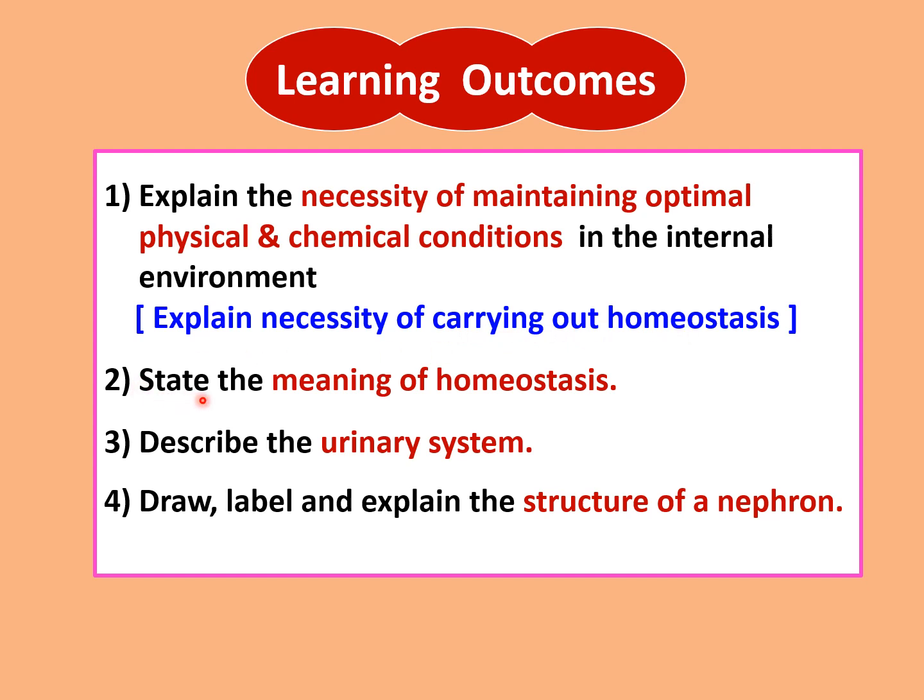Number 2, state the meaning of homeostasis. So please memorize the definition of homeostasis. Number 3, describe the urinary system and the functions of the various parts of the urinary system. And number 4, we should be able to draw, label, and explain the structure of a nephron.